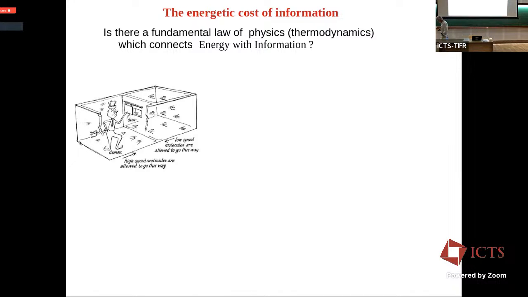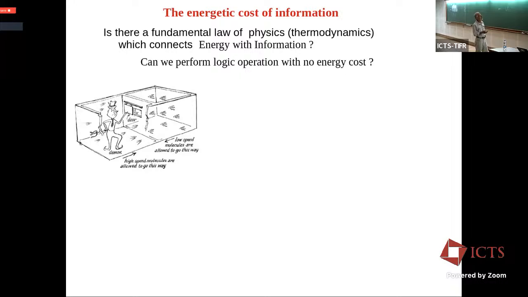So the main question goes back to Maxwell. The question that I want to discuss is: is there any fundamental law of physics, of thermodynamics, which connects energy with information? And can we perform a logic operation with an energy cost?